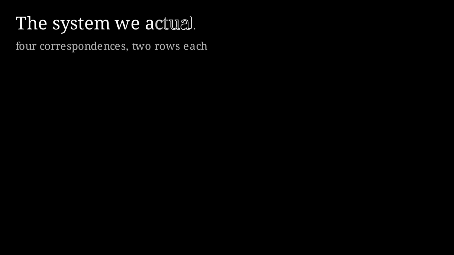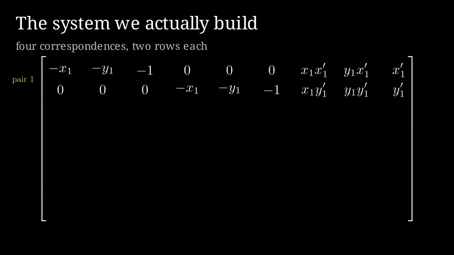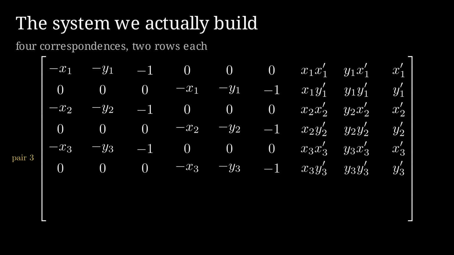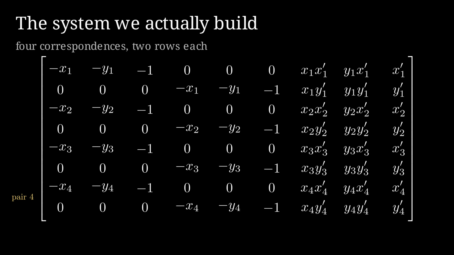Let's write that matrix out properly, because it's the thing you'll actually type. 2 rows per correspondence. Minus x, minus y, minus 1. 3 zeros. Then x times x', y times x', x'. And the second row is the same shape, shifted. 3 zeros first, then the y version.